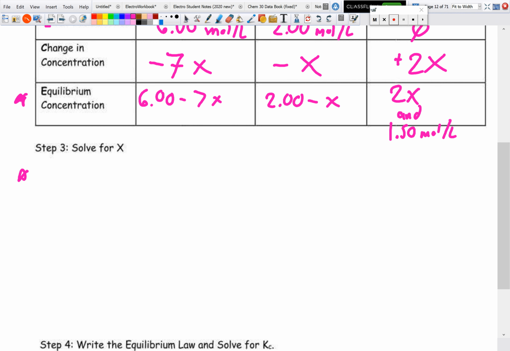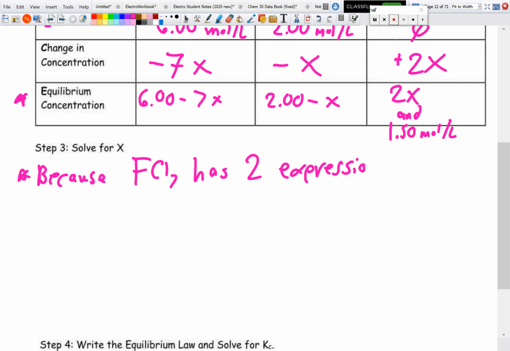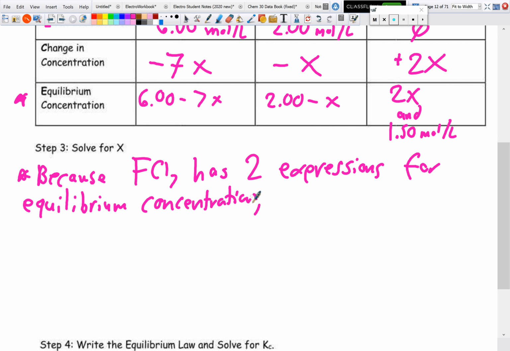Now, because fluorine heptachloride has 2 expressions for equilibrium concentration, we can use that to solve for x.